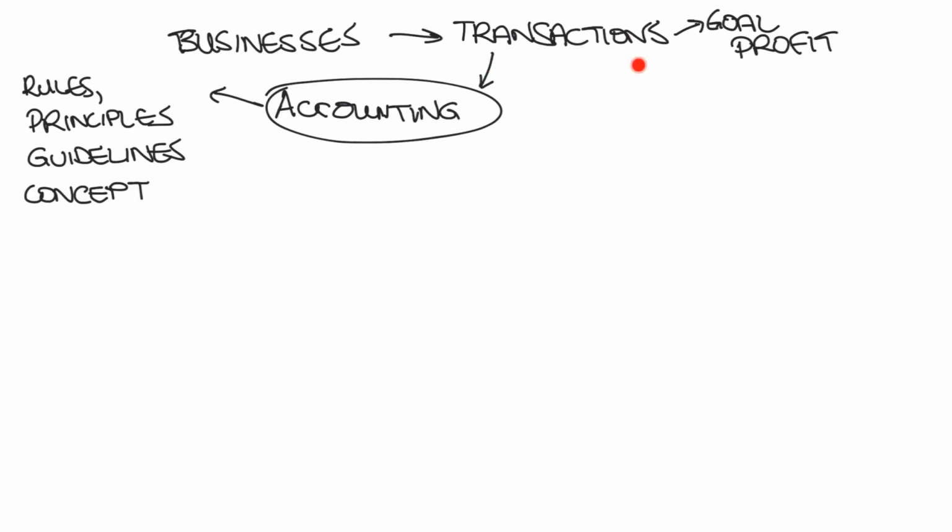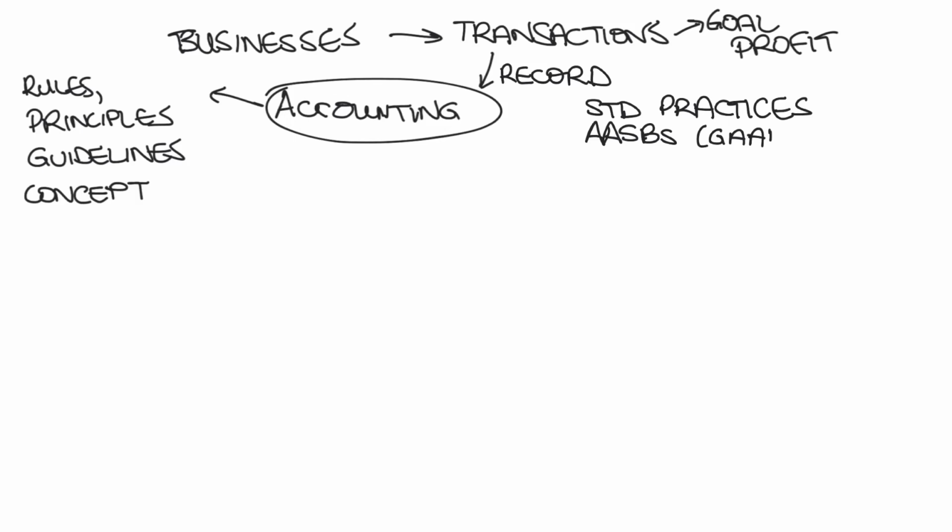Now, in accounting, we also do all of the recording using standard practices. And the reason that we have standard practices, which are based on our Australian accounting standards, which sometimes you might see as GAAP, generally accepted accounting policies, is to have comparability.